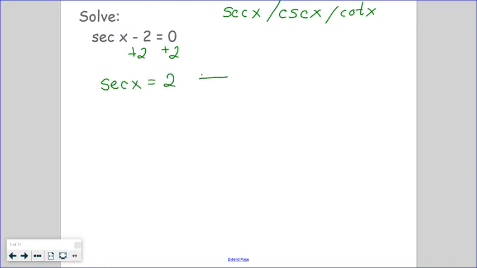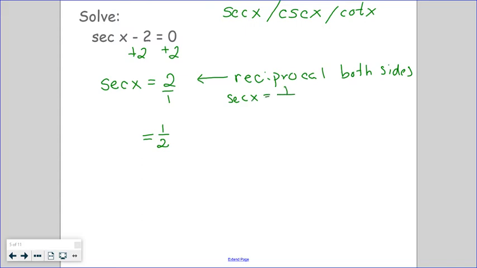And then at this step, once I have it by itself, I'm going to reciprocal both sides. Now that looks a little different depending on whether you're talking about the left-hand side or the right-hand side. On the right-hand side, the reciprocal is exactly what we think. Flipping 2 over 1 becomes 1 over 2. On the left-hand side, reciprocaling secant, remember our identities here, secant of x equals 1 over cosine.